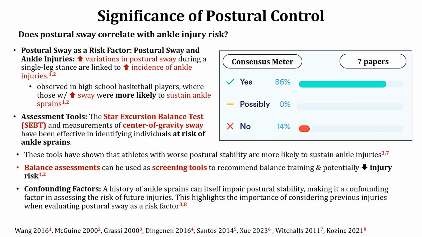That makes postural sway, or impaired postural stability, a confounding factor in assessing the risk of subsequent ankle sprains, just because it may otherwise already be compromised in individuals who have already sustained an ankle sprain or injury. This highlights the importance of considering previous injuries when evaluating postural sway as a risk factor.